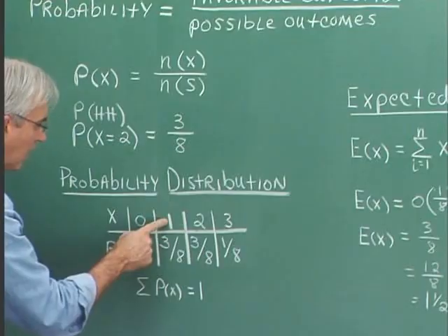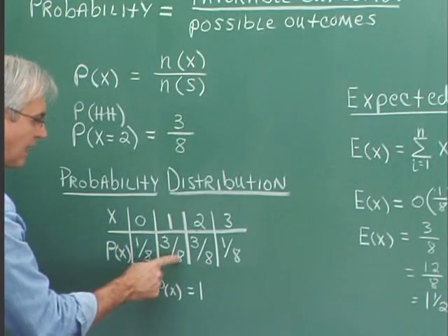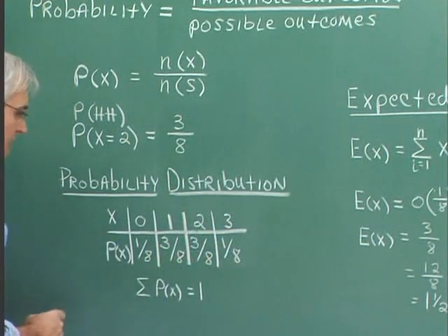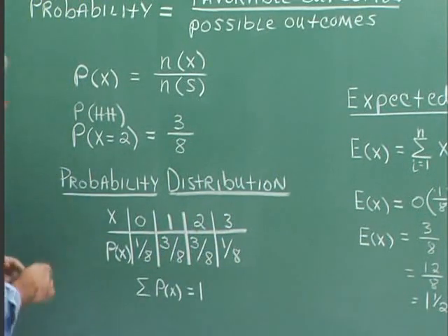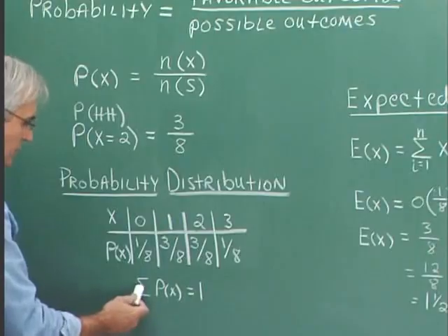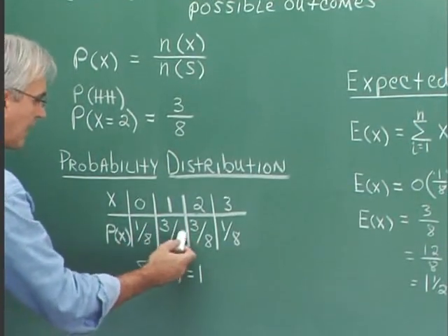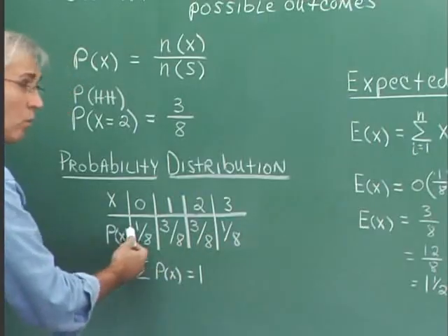For 1 head, there were 3 out of 8. For 2 heads, there were 3 out of 8. And for 3 heads, it was only 1 out of 8. It's important to know that the sum of these probabilities, 1/8, 3/8, 3/8, and 1/8, is 1.